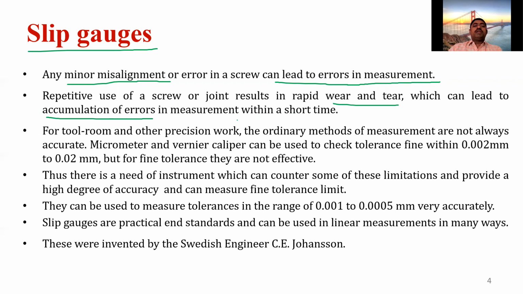These micrometers and vernier calipers can be used to check tolerances only within about 0.02 mm. But if we want to measure very fine tolerances, these are not effective for very close tolerances. They are used in the tool room and other precision works.